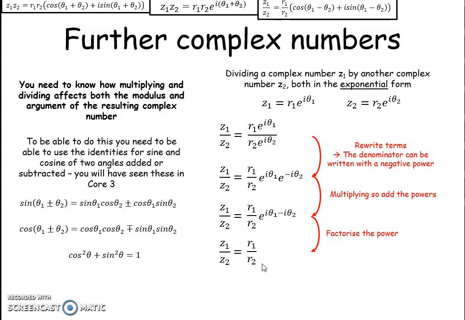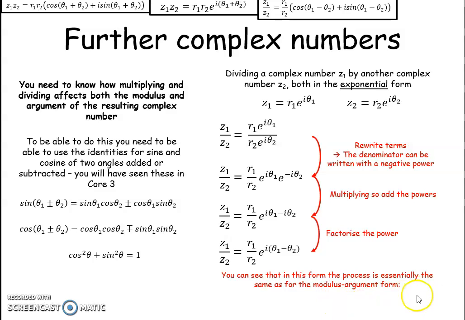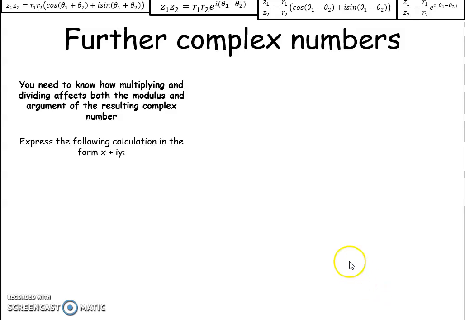So we get R1 by R2 e raised to the power i(theta 1 minus theta 2). You can see that in this form the process is essentially the same: divide the moduli and subtract the arguments.